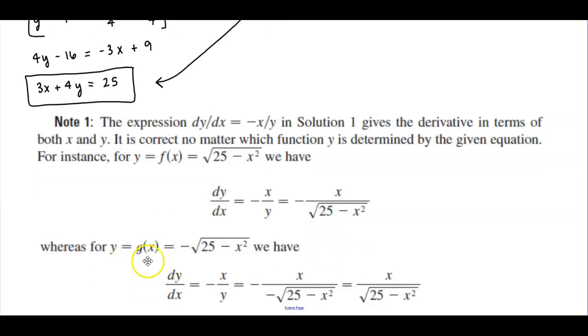Whereas for y equal to g of x, which is negative square root of 25 minus x squared, dy over dx equals negative x over y, which means we're taking a negative times x over the negative square root of 25 minus x squared, which gives us the positive version of x over the square root of 25 minus x squared.